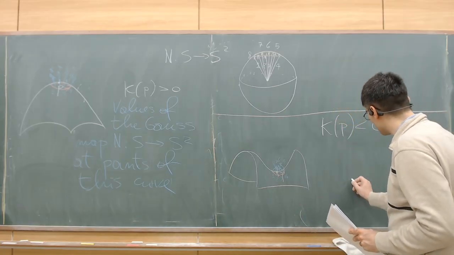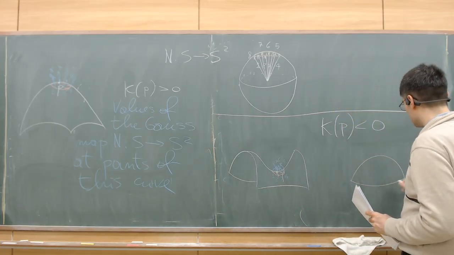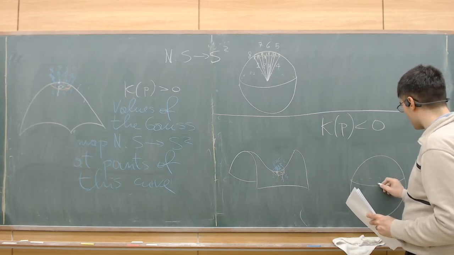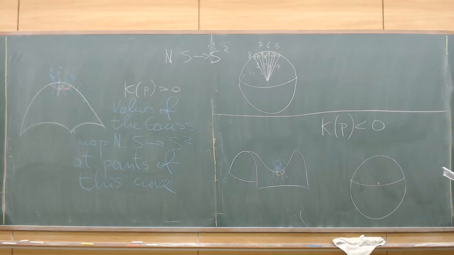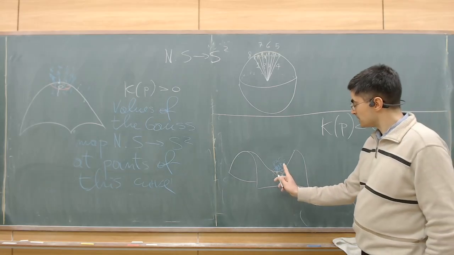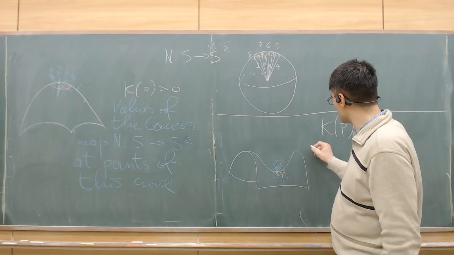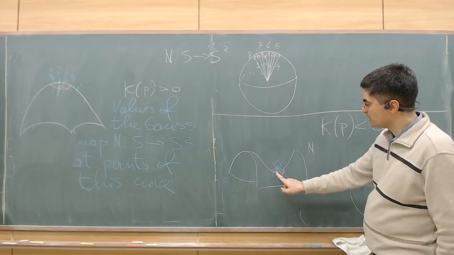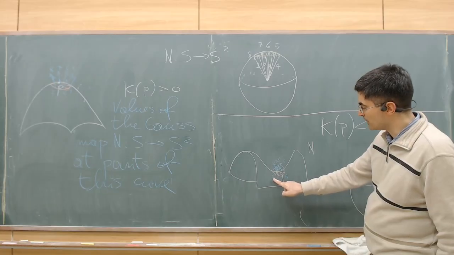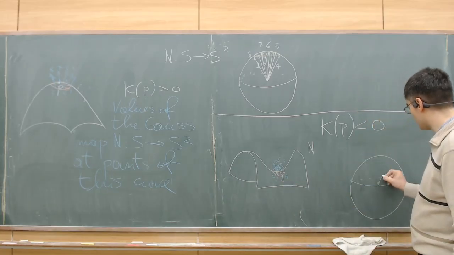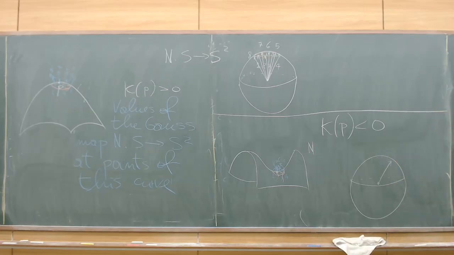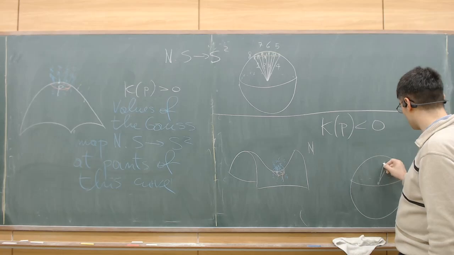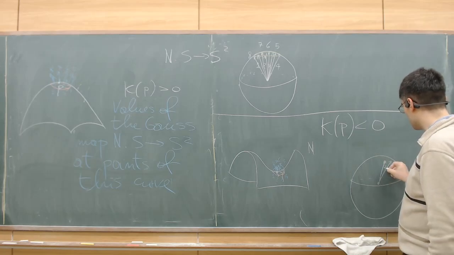So what is the situation now on S2? Now the image of the Gauss map N corresponding to the vector marked with the number 1 is this. For the vector marked with the number 2 is this. So this is 1, 2.